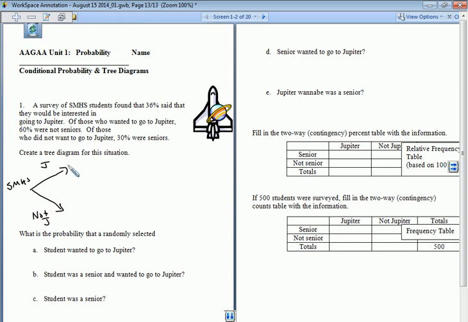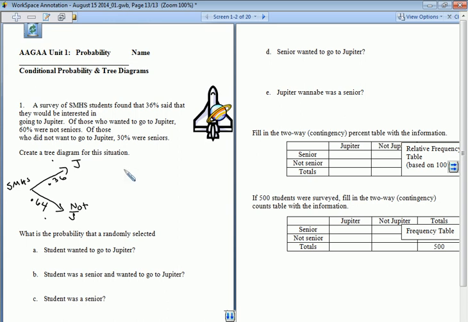Okay, how many wanted to go to Jupiter? 36%. And so how many did not want to go to Jupiter? 64%. Well, it says 60. No, wait, it says that 60% were not seniors.